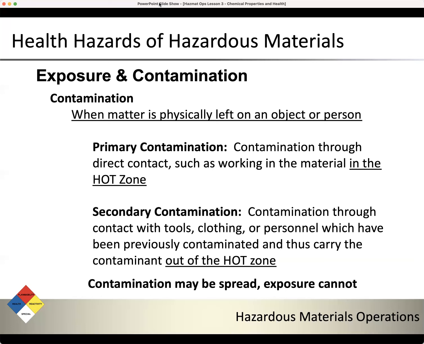Secondary contamination is contamination through contact with tools, clothing, or personnel which have been previously contaminated and thus carry the contaminant out of the hot zone. Okay? Secondary contamination means the material was brought out of the isolation or the hot zone and it was transferred to something else.